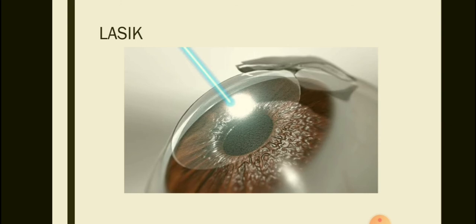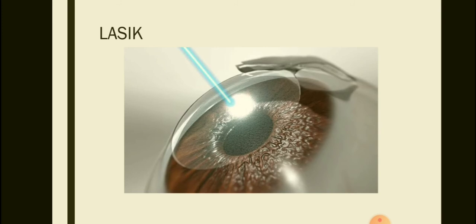Now a question comes to our mind: in a myopic patient, where there is already a steepening of the corneal curvature, we can use laser to flatten its surface. But what about hypermetropia, where there is a flattening of the corneal curvature? So how is laser used to correct the refractive error in hypermetropia?